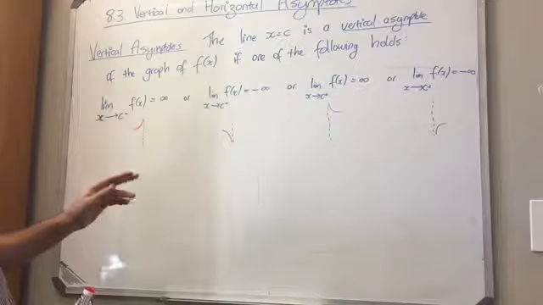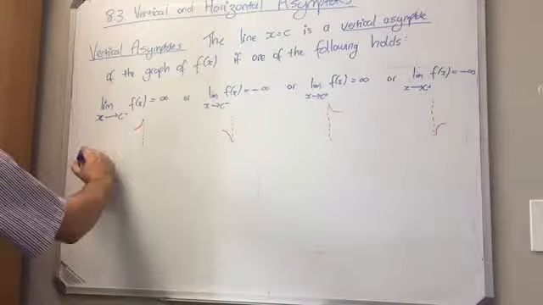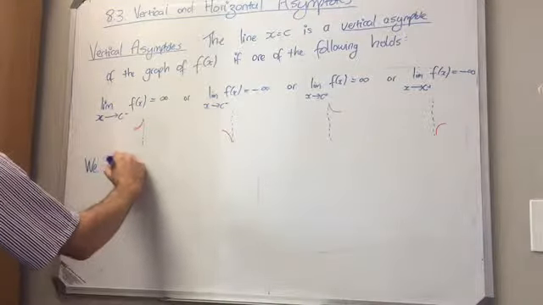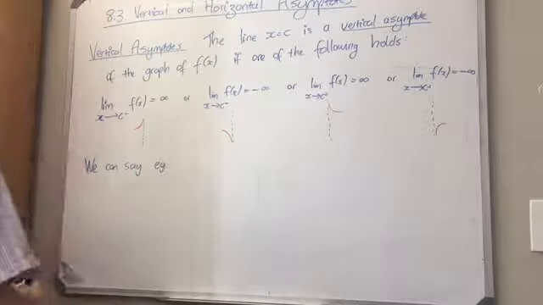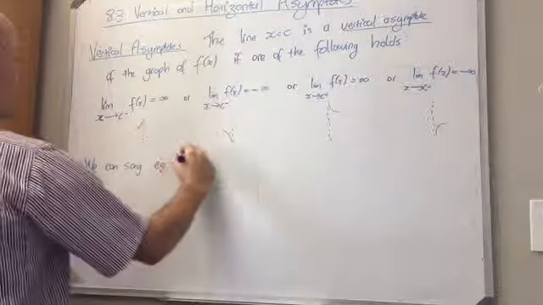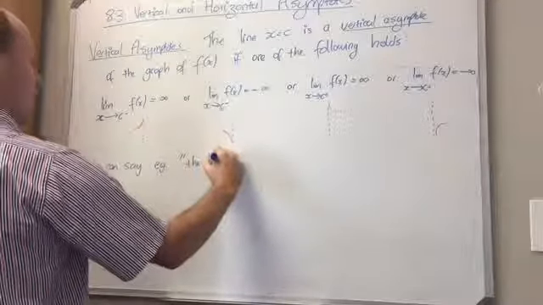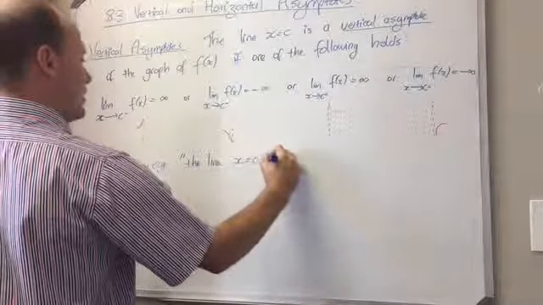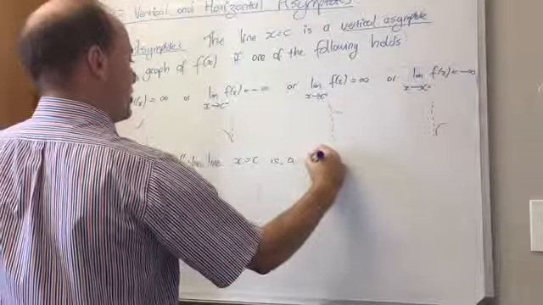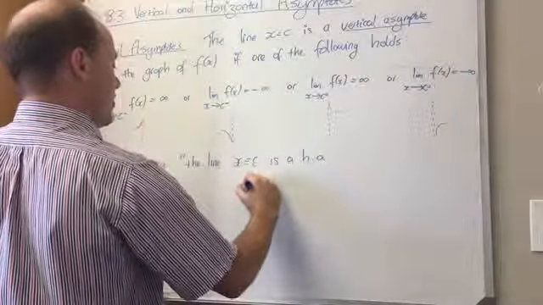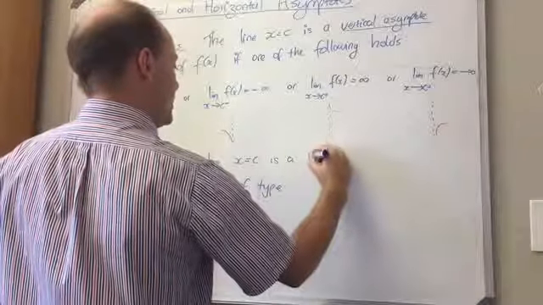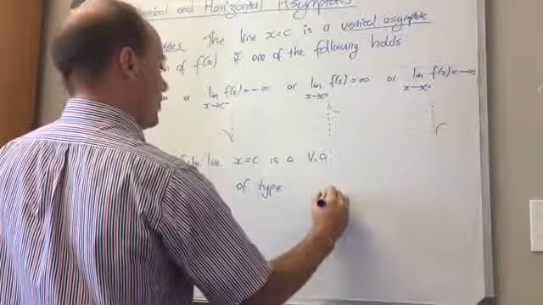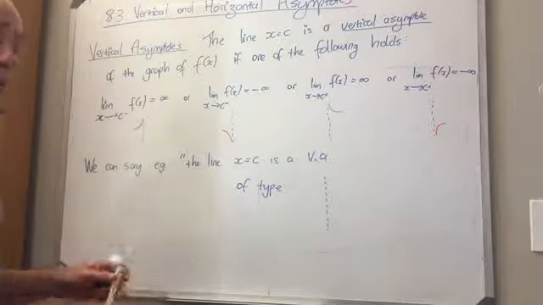So we could say more precisely, for example, that the line x equals c is a vertical asymptote of type, and then I draw a picture.